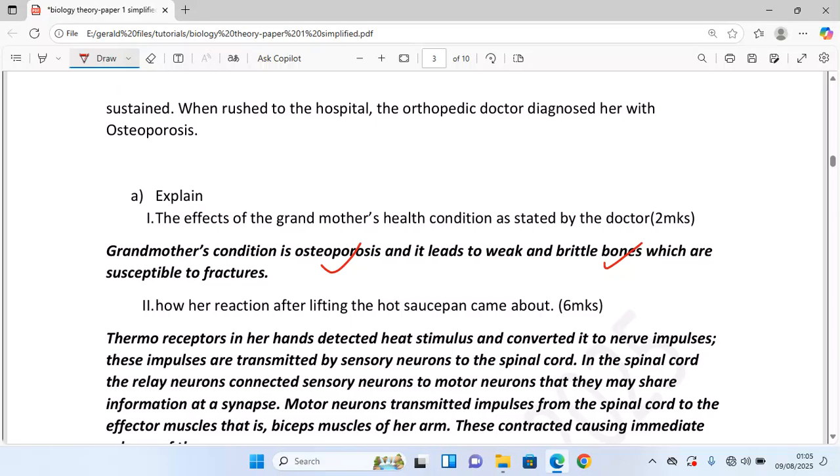So that leads to bones becoming so weak and spongy, so they lose a lot of calcium and they can easily break. They become so brittle, soft.